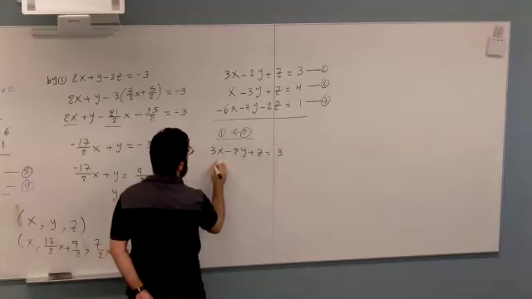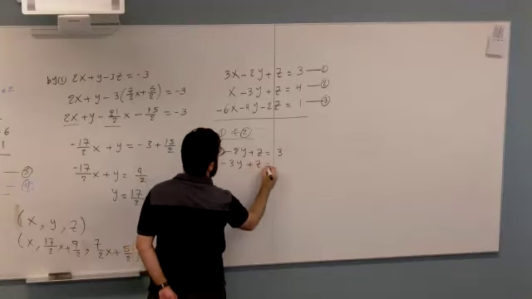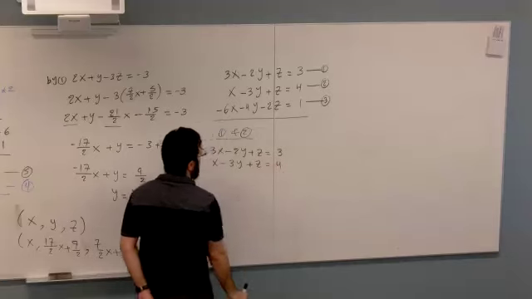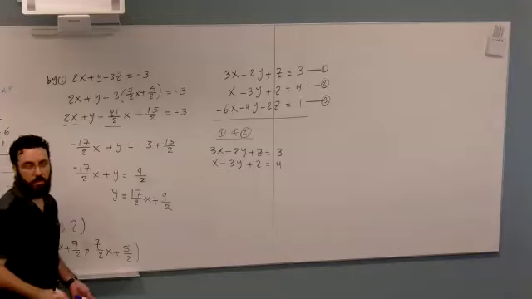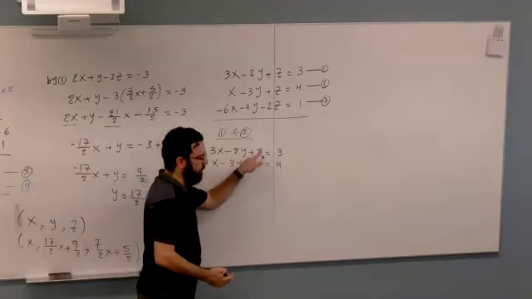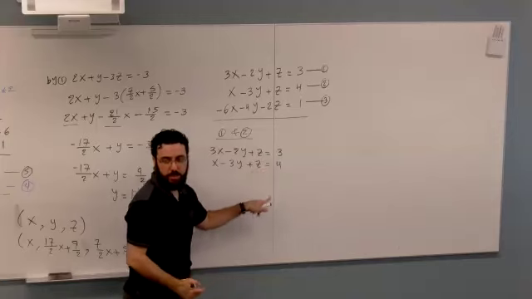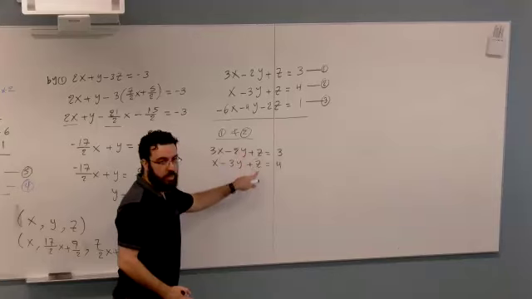The second one is x minus 3y plus z equals 4. Which one do you want to cancel? Z, because I'm going to multiply either one by negative. Which one am I going to multiply by -1?